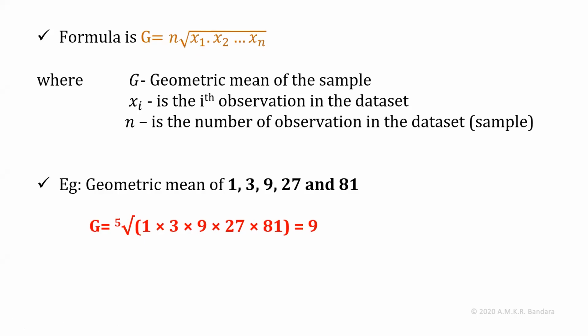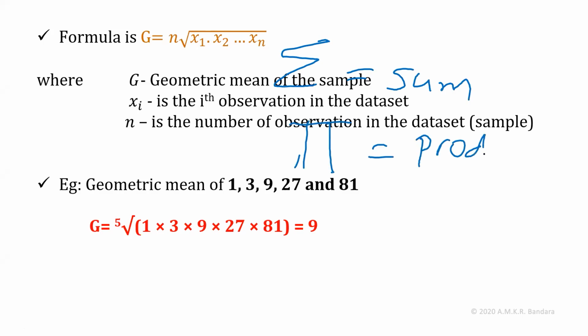Like we denoted sigma to represent sum, we use pi to represent product. So symbolically, I can write this equation as pi xi, where i equal to 1 to n.